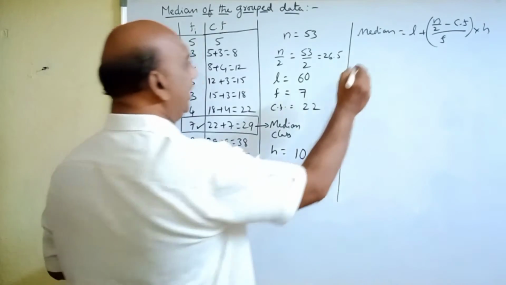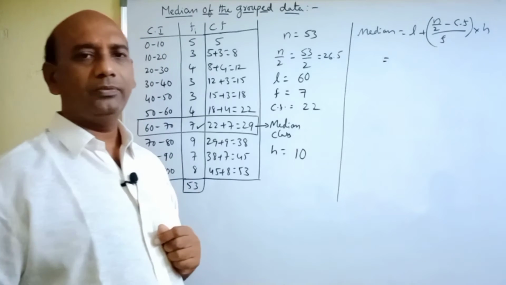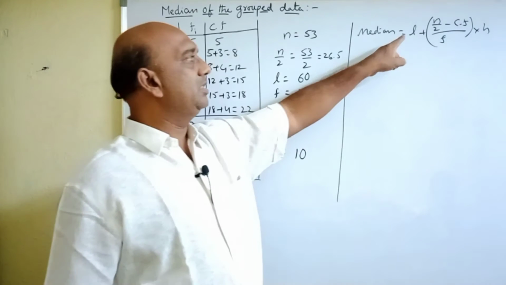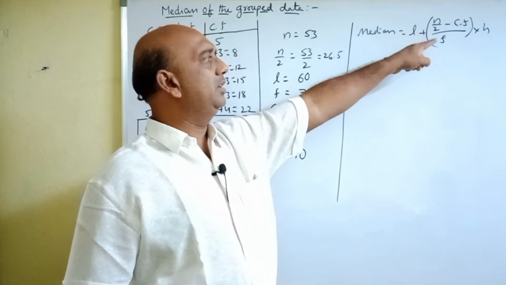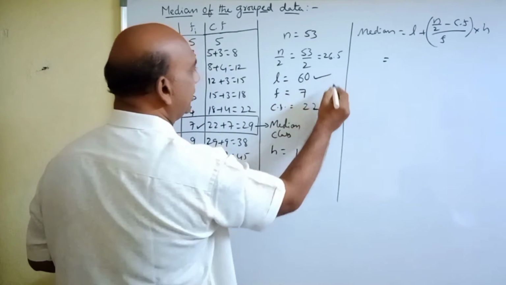Now, we got all the values required to substitute in the formula. The formula for the median is L plus (N by 2 minus CF) by F into H. L is 60. N is 53, so N by 2 is 26.5.